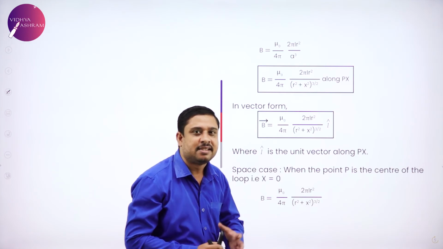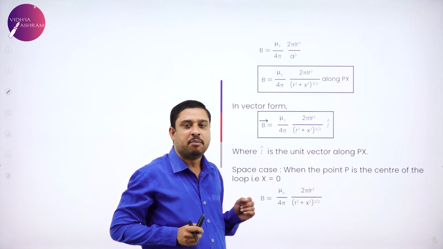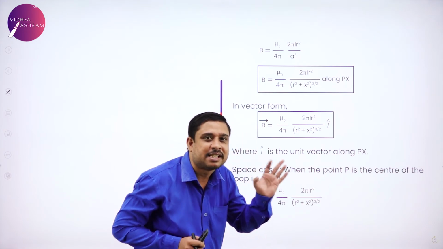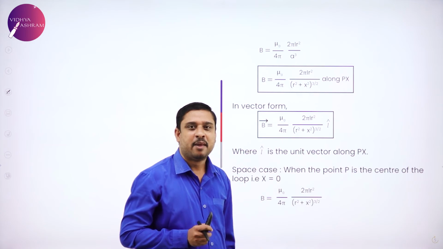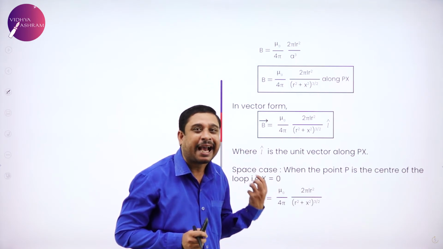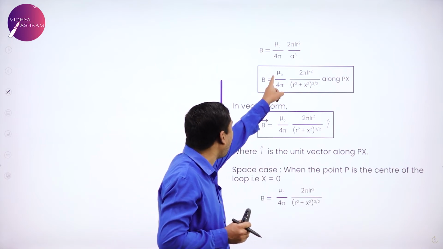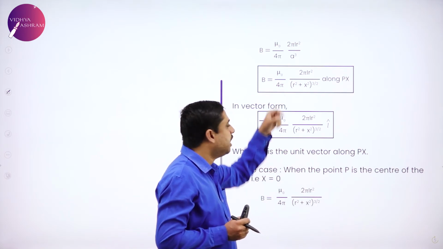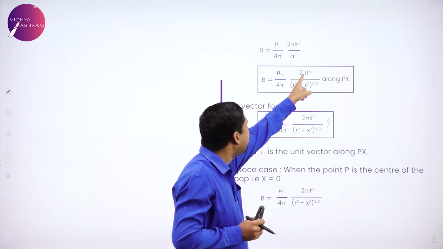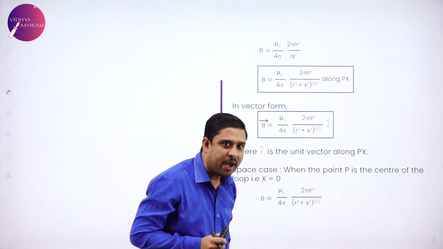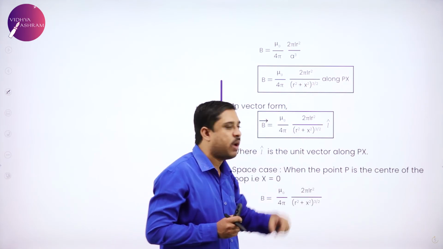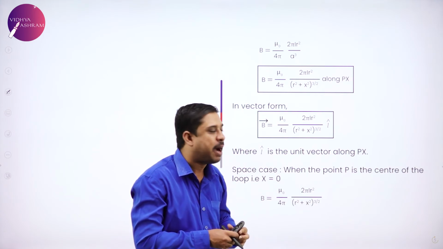So please understand the magnetic field on the axis of a circular coil. When I consider a point on the axis of a circular coil, B is mu naught divided by 4 pi, 2 pi I r square divided by r square plus x square to the power 3 by 2.